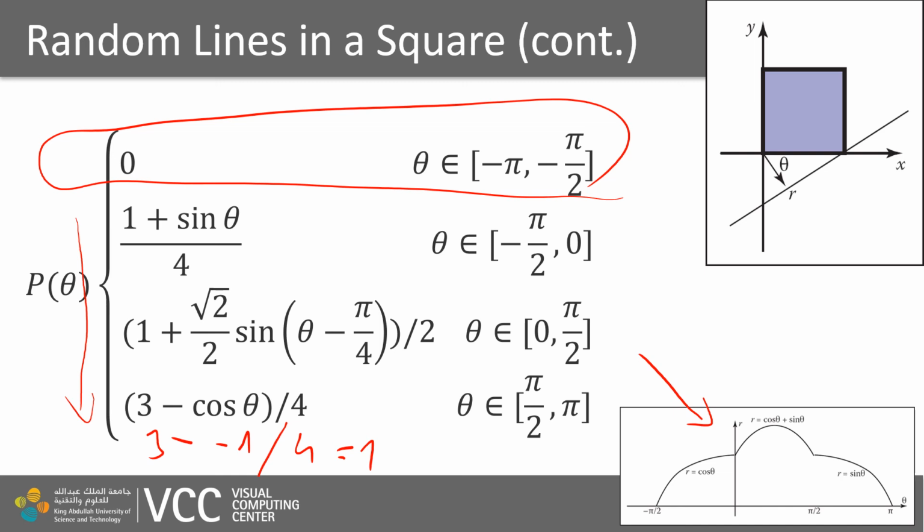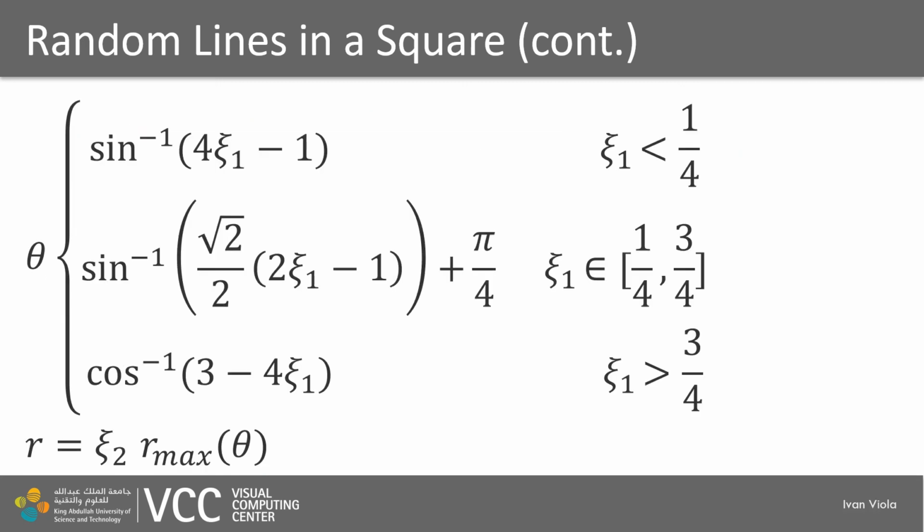Now we have the cumulative distribution function, and that one we can invert. And once we invert it, we can get our uniform sampling. So we can see here that we have performed the function inversion so that we can obtain our theta value, which is parametrized by the Xi values, which are the canonical random variables defined between 0 and 1.